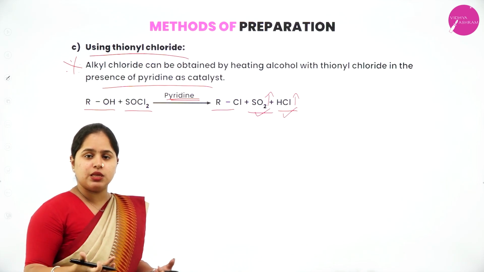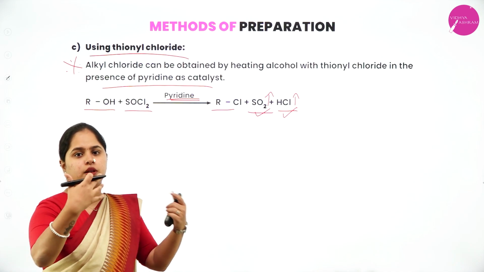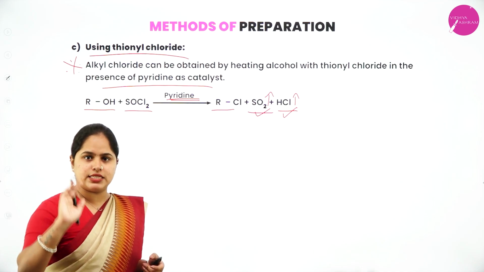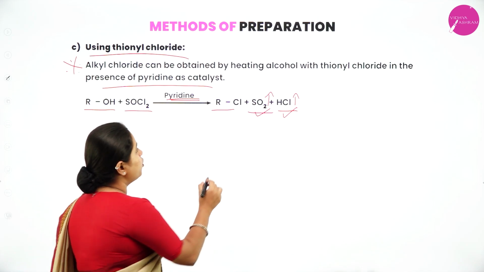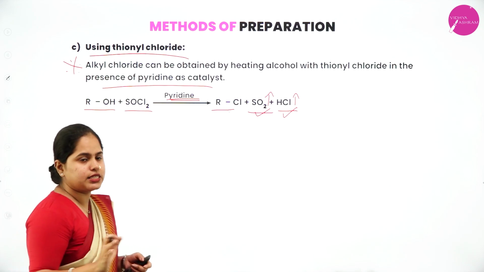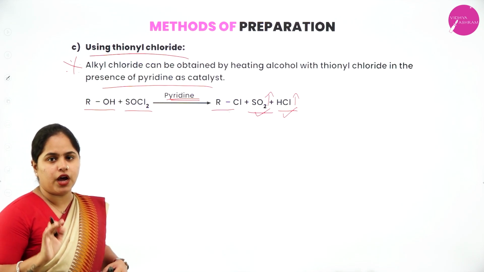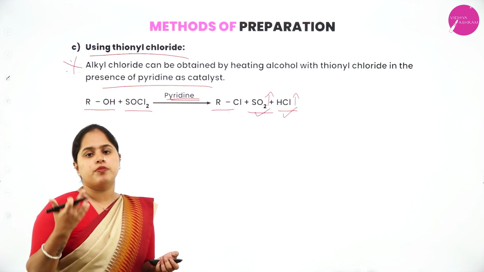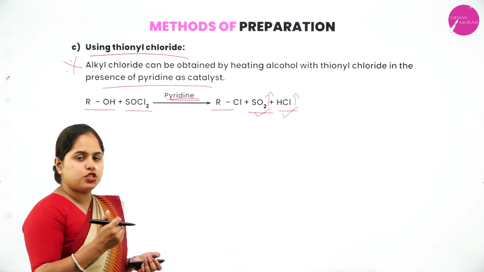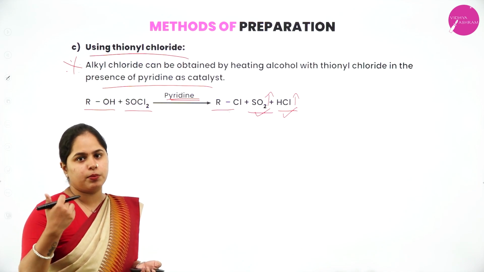So once the byproducts are formed, they themselves will escape, because both of them are in gaseous phase. So it will become easy for the purification and obtaining the alkyl halide. This is a very important part to be remembered, because thionyl chloride preparation is preferred since SO2 and HCl are gases and they will be escaping.